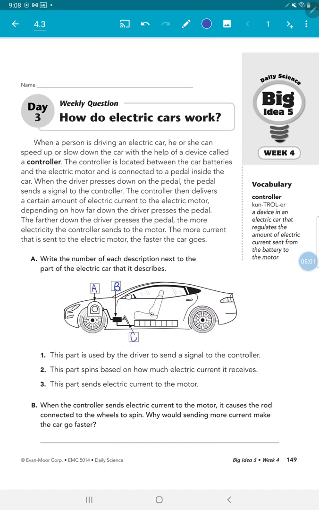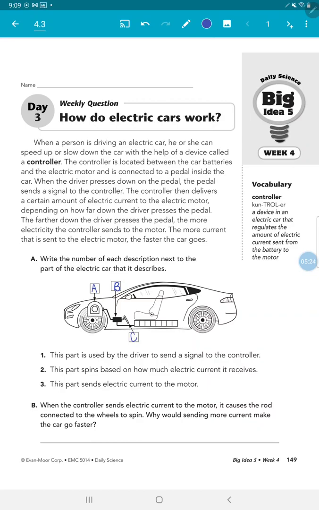Under the seat. Yes. All right. Why do you think that sending more current to the car would make it go faster? Why would it go faster if you send more current? It's more energy. It's got more energy going, you're right.